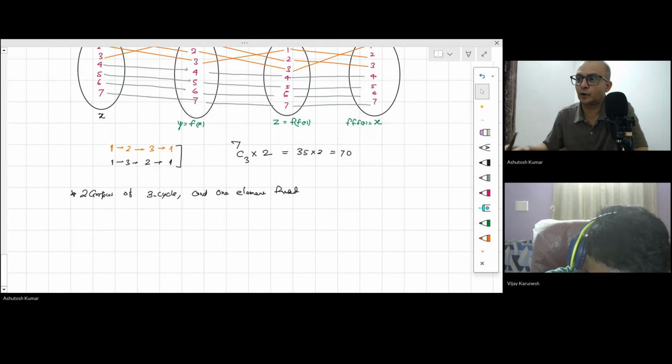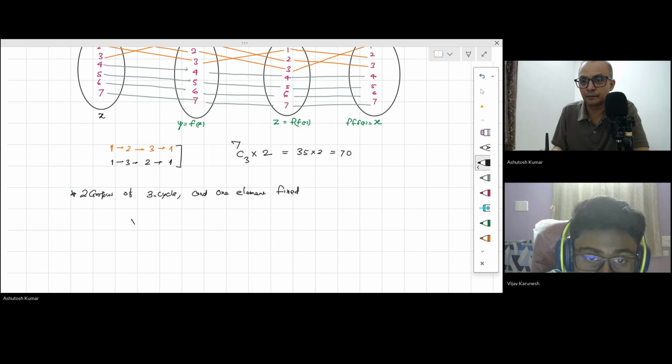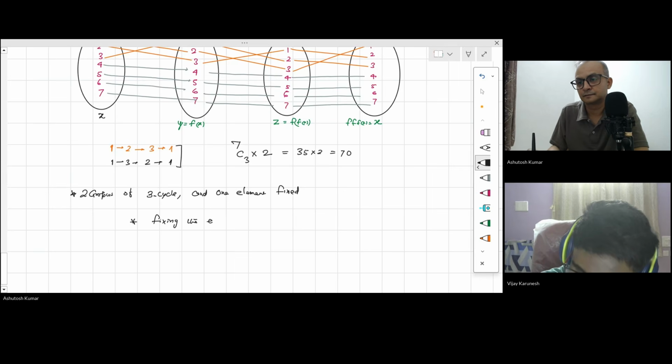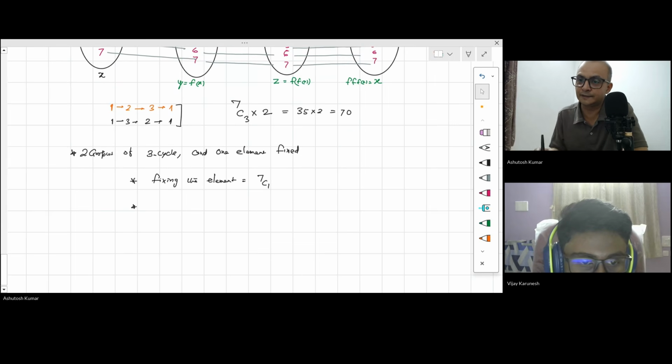It's actually important to see which element you are fixing. So why not choose that element first? So 7C1, fixing the element, is 7C1. And out of 6 remaining elements, 6C3.